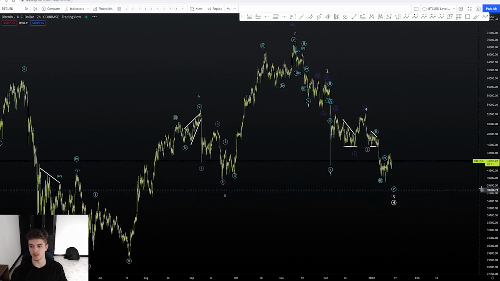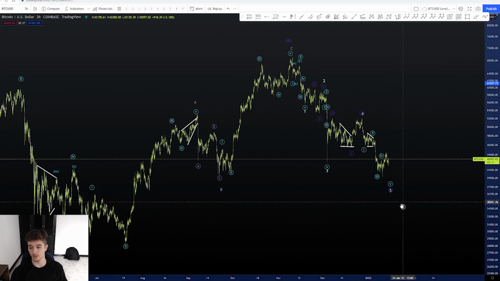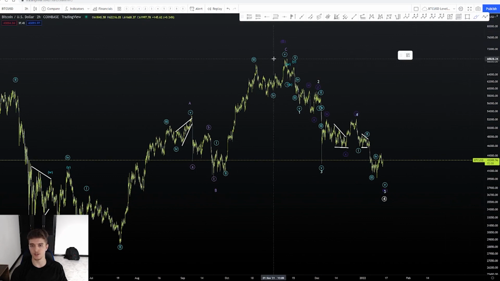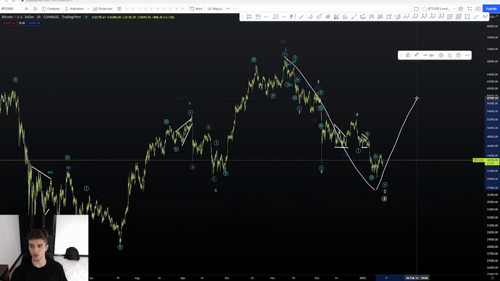But the thing is we have to keep in mind, even if we do put in this minor wave 5 right here, it could complete the running flat for this primary wave 4. But it could also just be the first phase of this wave C, where this is all a minor wave 1. Instead of the minor wave 1 here, this whole impulse could have been the minor wave 1 itself, which would bring us up for the minor wave 2.